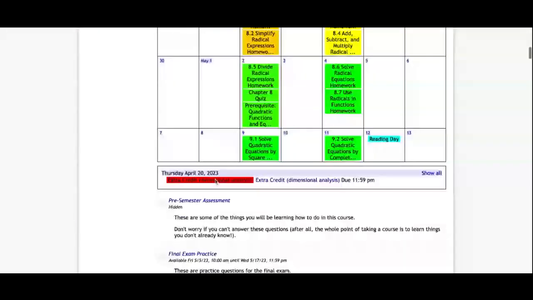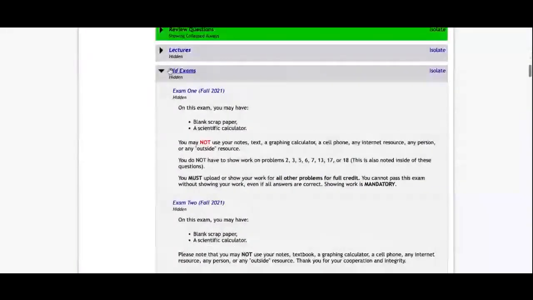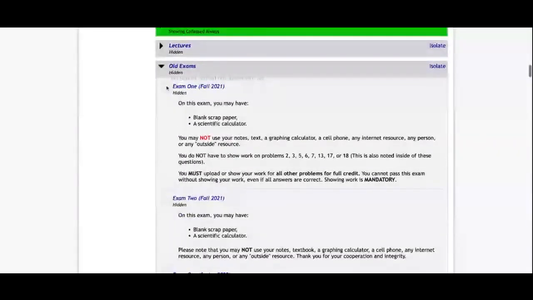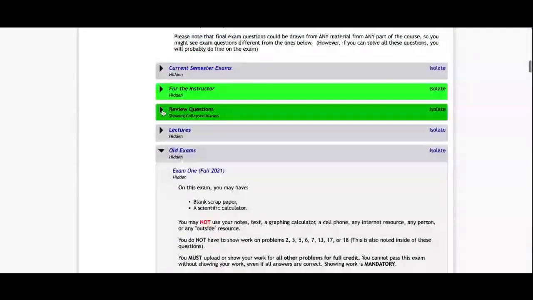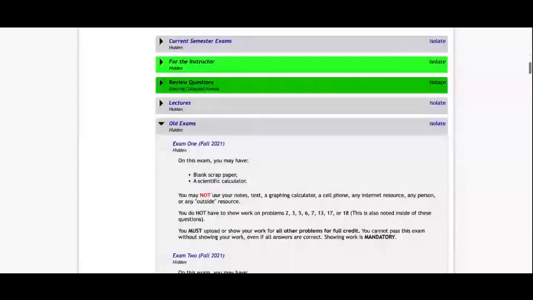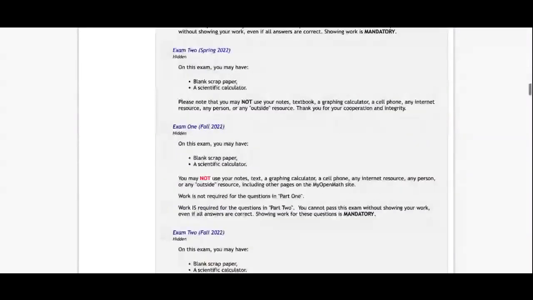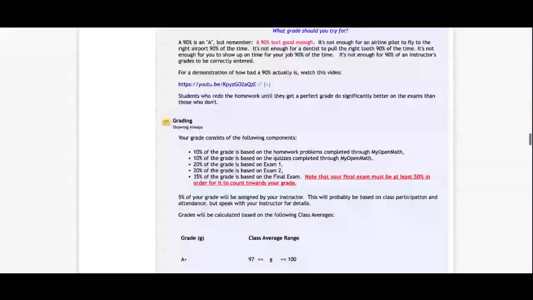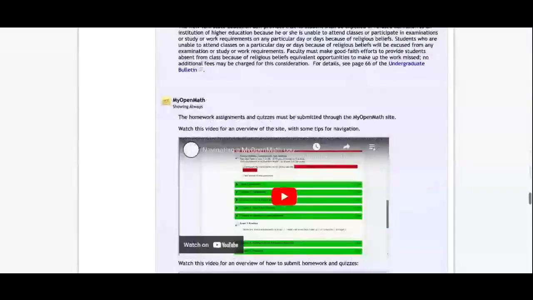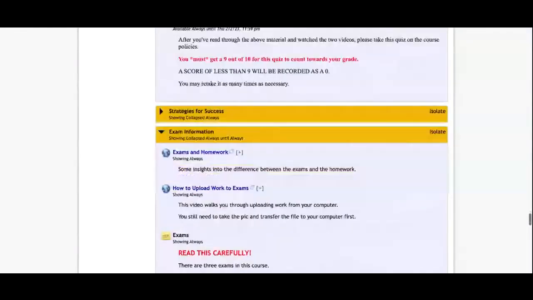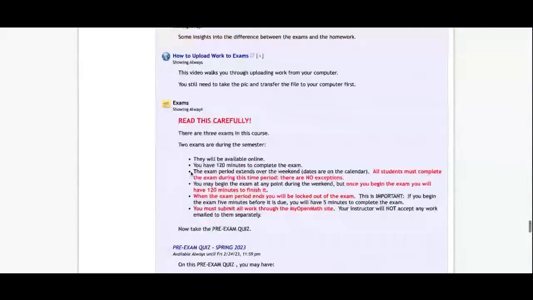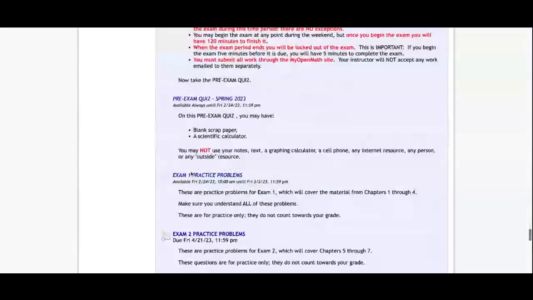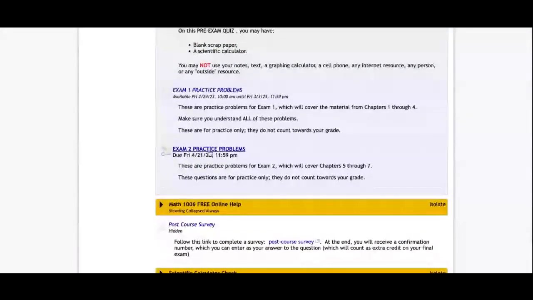Another way, you just go down to the list. It says old exams. Hold on a second. Yeah, that's the old exams. Here, exams and homework. I think somewhere here. You see this? Exam 2 practice problems. But this is a long way of finding it.